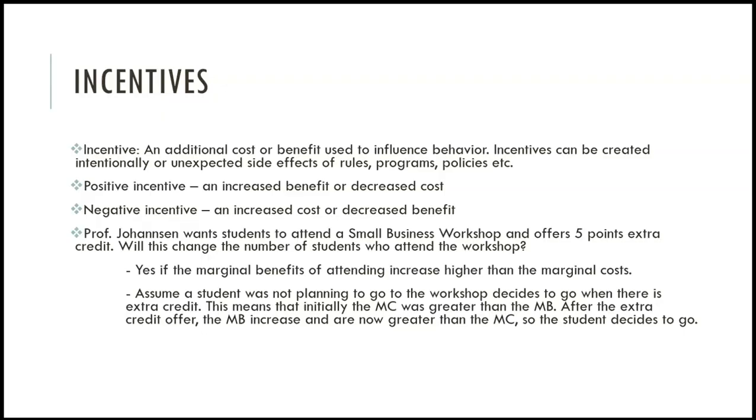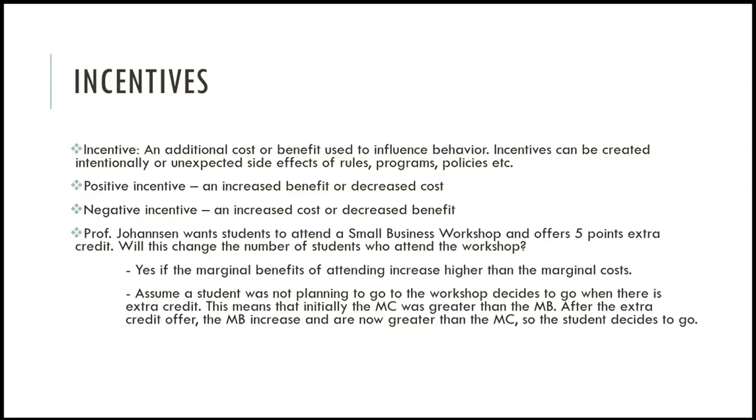So let's say we have a student who wasn't planning to go to the workshop, and now when there is an extra credit opportunity, they do go. What this means is that originally the marginal cost was greater than the marginal benefit. They weren't going to attend the workshop because the extra benefits they would get from going were less than the extra cost for them to attend.